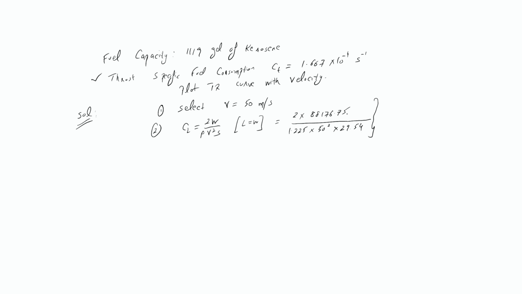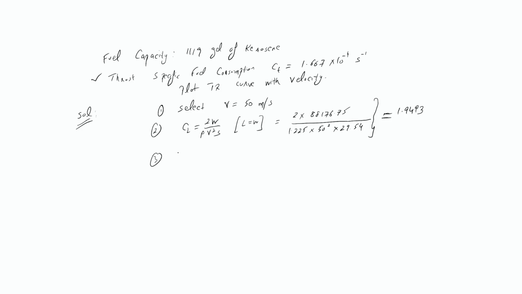Density is in kilogram per meter cube, velocity in meters per second, and area in meter square, which is fine. If you calculate this, approximately, I am writing only approximate values, CL is 1.9493.